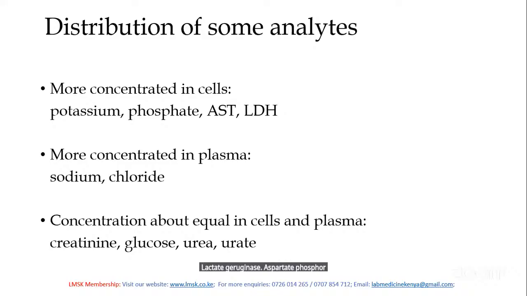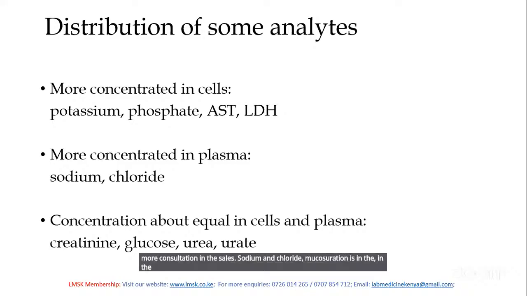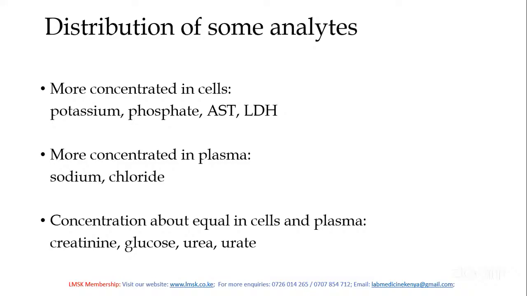Those ones concentrate more in the cells, intracellularly. You also find them in the blood fluid, but more concentration is in the cells. Sodium and chloride, more concentration is in the plasma, while concentrations are about equal for creatinine, glucose, urea, and urate.